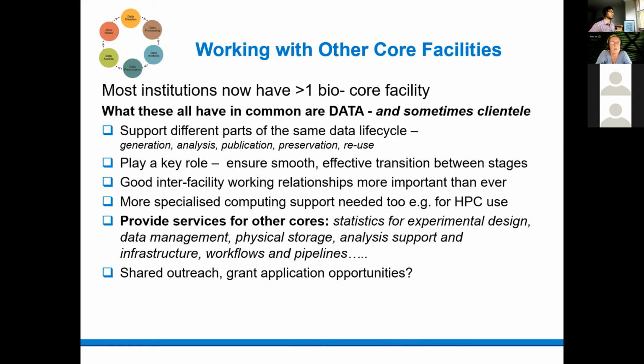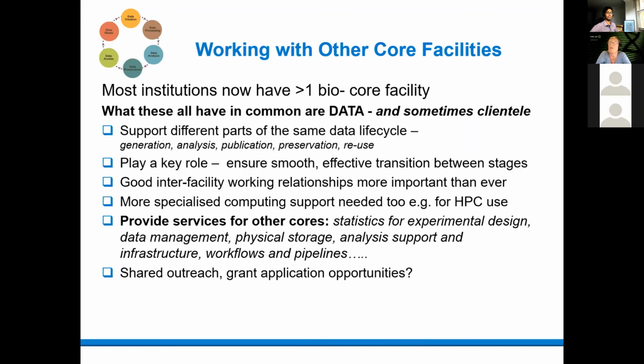So a bioinformatics facility can really help make sure there's smoothing between all the areas of the data lifecycle. Work with your other core facilities, talk to them, understand what they need, help make it easier to move data from one facility to another. And you can provide services for other cores as well.